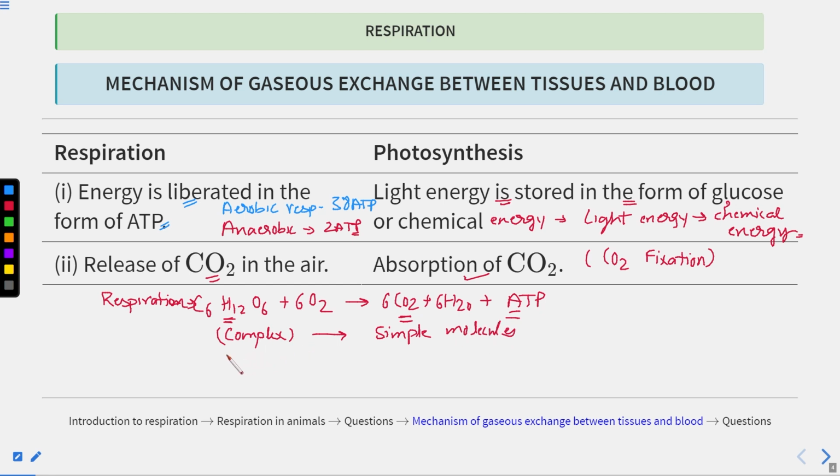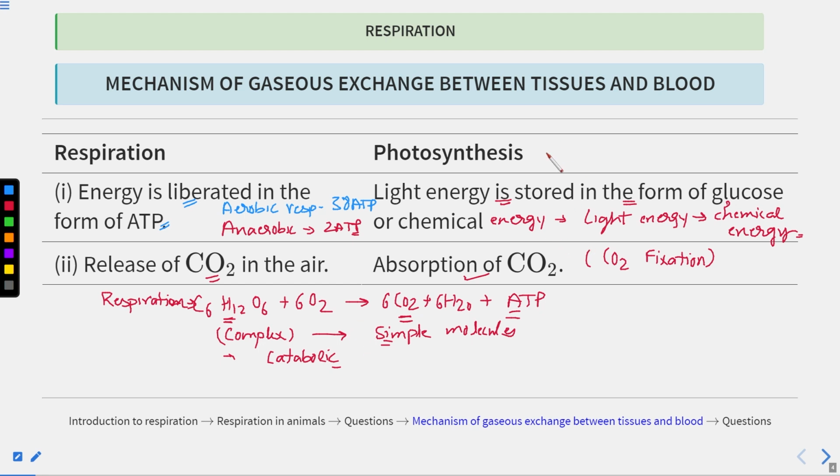So you can say respiration is a catabolic process. What was catabolism? The processes in which the complex molecules are broken down into simple molecules.